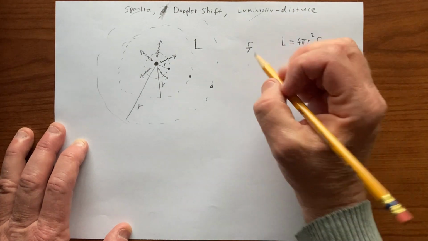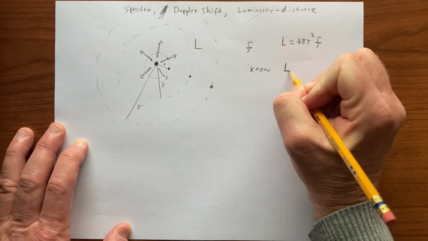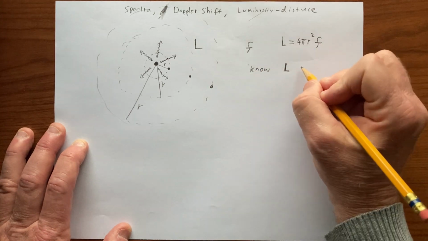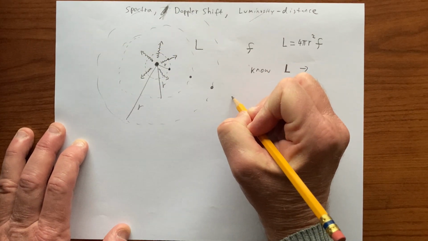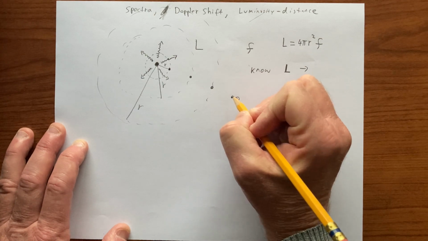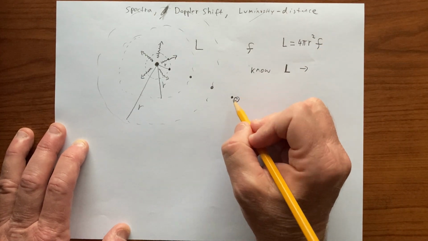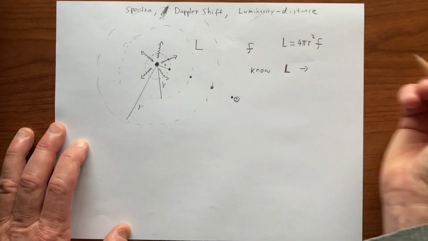So we can imagine if we know the L of the source, then the energy arrives to us on Earth over here, say, here we are, we measure the energy per unit area, that's the flux, and we can then figure out, if we know L, what the distance is.